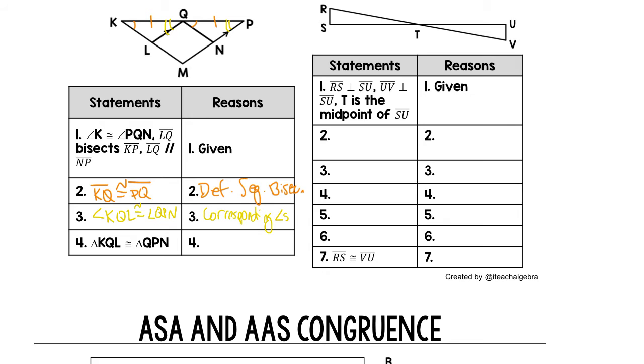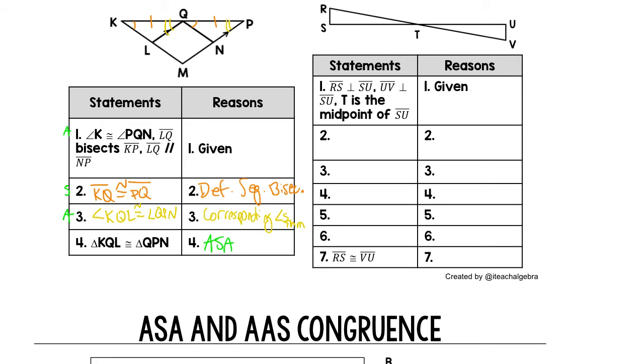It's the corresponding angles theorem. So finally, we have triangle KQL is congruent to triangle QPN. We've got an angle here, a side, and an angle. So that's angle, side, angle congruence.